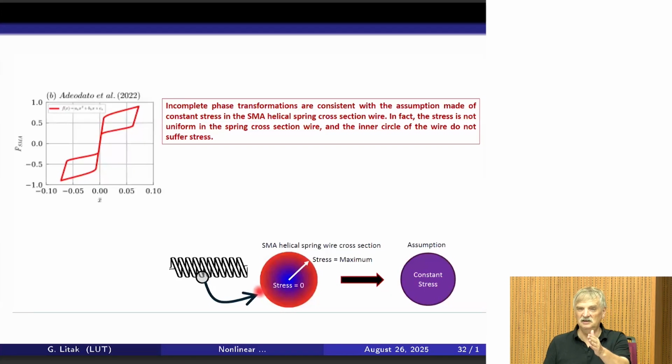But in our case, the most important is the effect of the length. So you could have extra length from the phase transition if you have some stress.